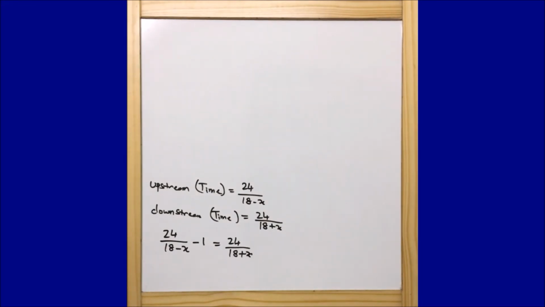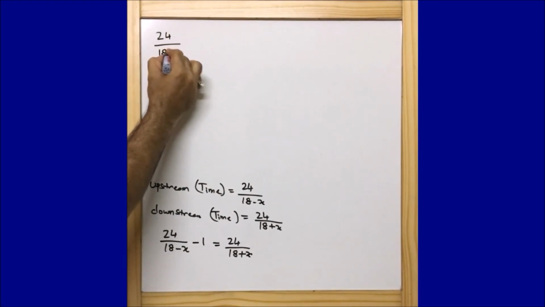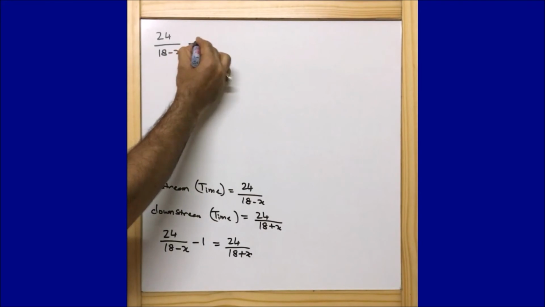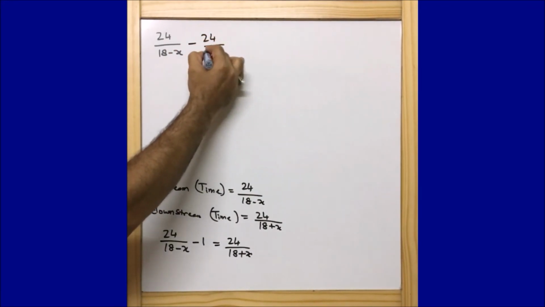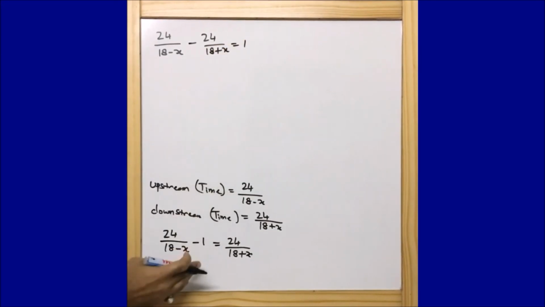Now I can write 24 upon 18 minus x. I am bringing this 24 upon 18 plus x to the left side. I can write minus 24 upon 18 plus x is equal to 1. Just moving minus 1 to the right side and bringing 24 upon 18 plus x to the left side.